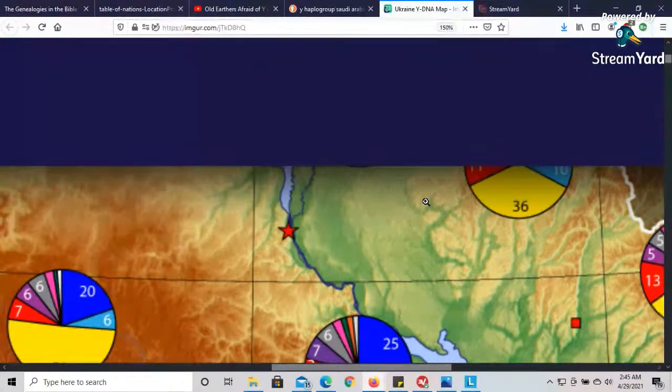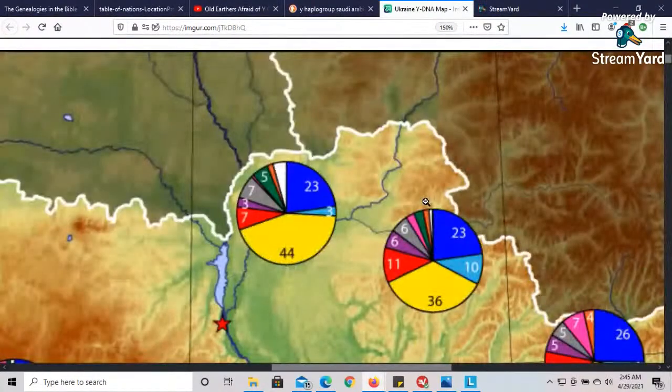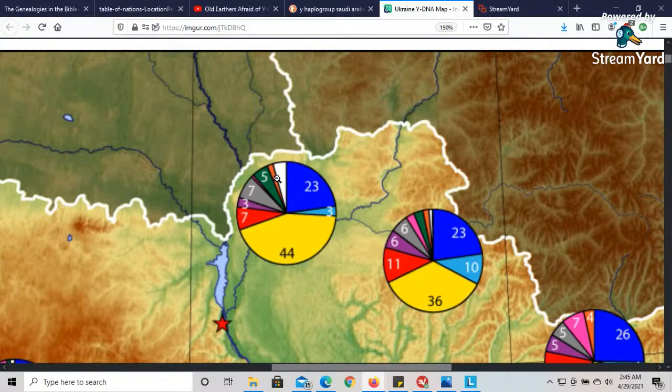Okay, and up here, I'm gonna have to fix this. Here we still have the TY chromosome, which is the Javan people in the Israelite population. We have Jewish population.